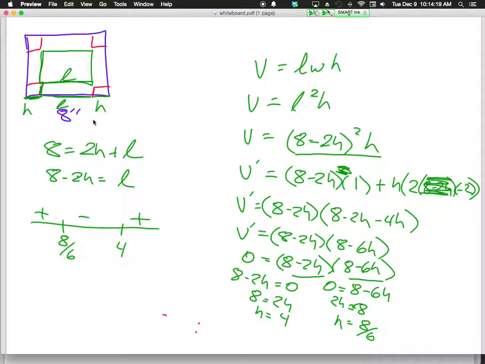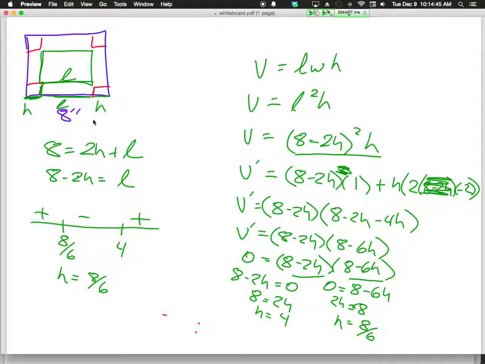So my maximum is going to occur right here at 8 over 6. So in order to produce the largest volume, the amount I need to cut out from each corner should be 8 over 6, or 1 and a third. So let's find the volume to make sure it's bigger than the other volumes I found.